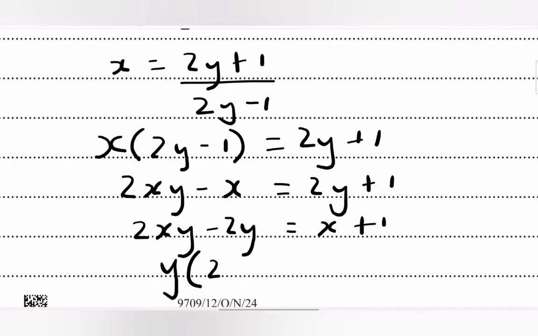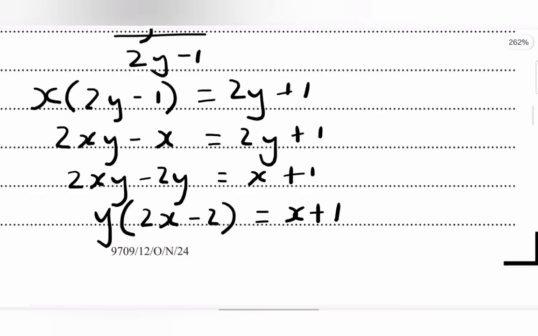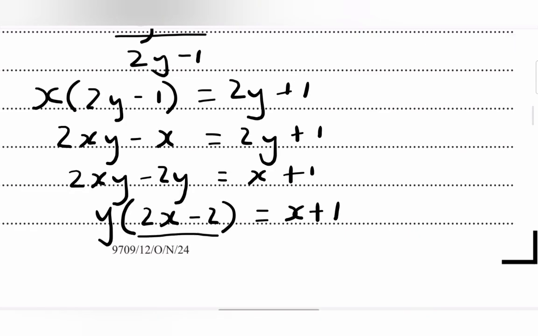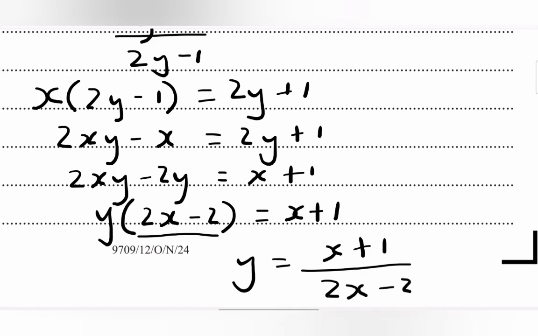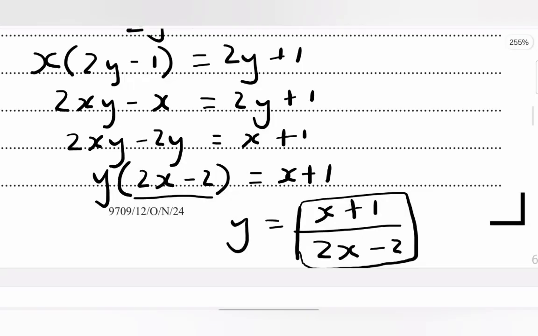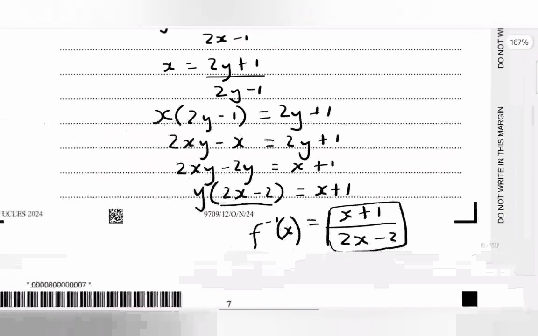Factoring out the y, you get y times (2x minus 2) being equal to x plus 1. Dividing both sides by this bracket, we get our y to be (x plus 1)/(2x minus 2). And this will be the expression for the inverse. So you can just write the inverse of f of x is equal to that.